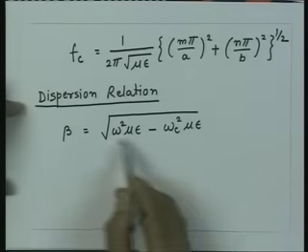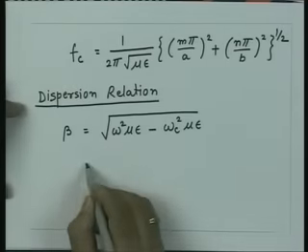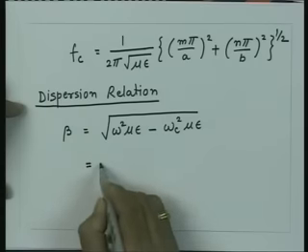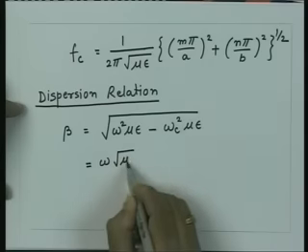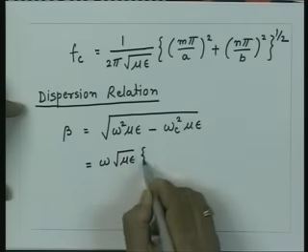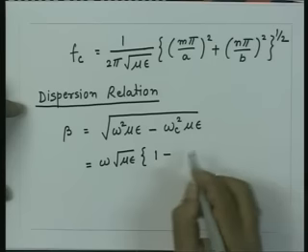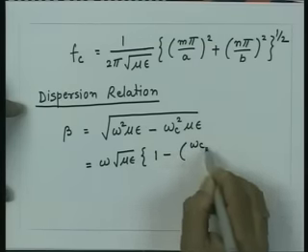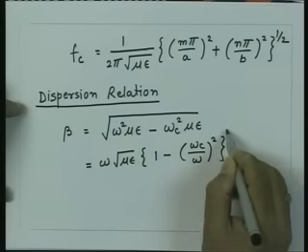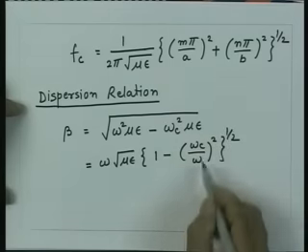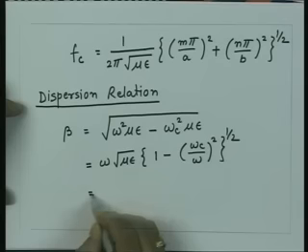We can take this omega square mu epsilon common. So, this will become omega square root mu epsilon into the square root of 1 minus (omega c by omega) whole square, or I can write it in terms of the cutoff frequency.